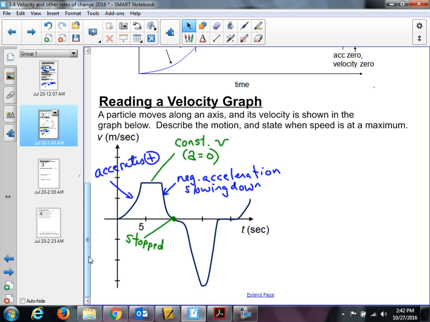Sometimes people get problems and they say, you didn't give me one of the speeds, and I need it. It says here, starts at a standstill. Oh, yeah, 0. Then what happens? What kind of acceleration is this, or is it acceleration?